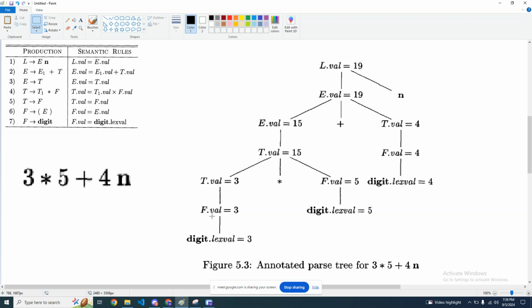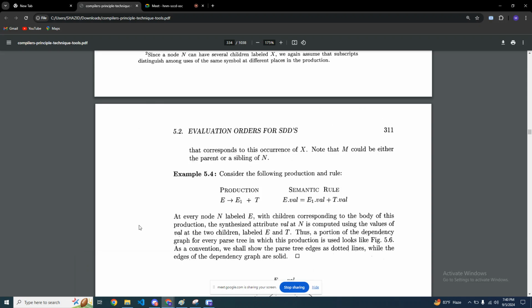This val is an attribute of f, and you calculate it using the rule f dot val equals digit dot lexval. You use this value to calculate f dot val. So a dependency graph is nothing but an annotated parse tree with arrows showing from where the values are being calculated.